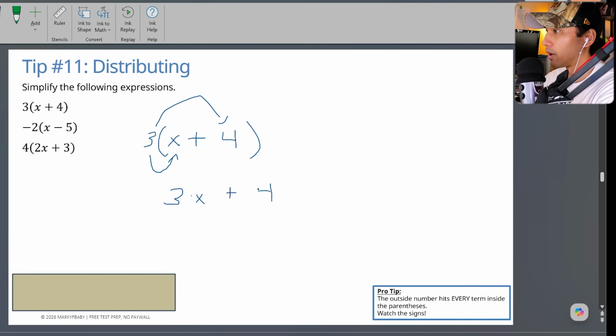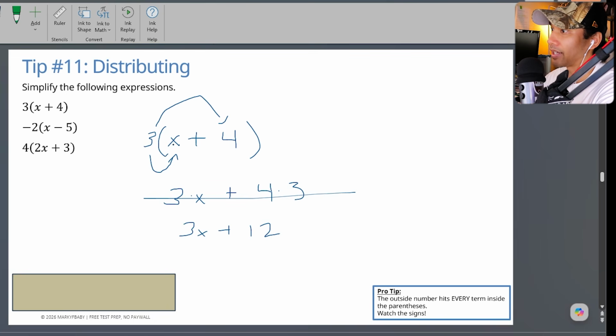Plus 4 times 3. And then we use PEMDAS, 3x plus 12, right? But you could just skip that step, and then this becomes 3x plus 12. That's it, because 3 times x is 3x, and then 3 times 4 is 12. And this is what's happening, okay? Then you could use PEMDAS at this step, but don't do that, okay? That's just what's happening.